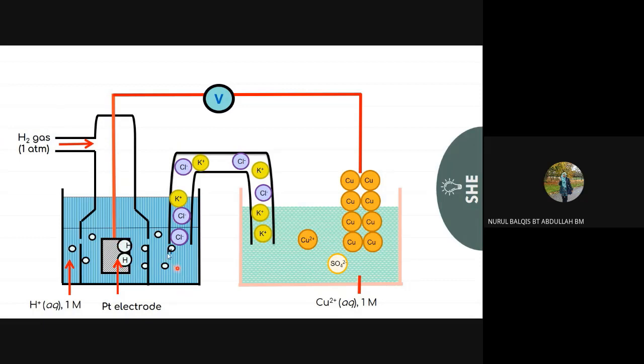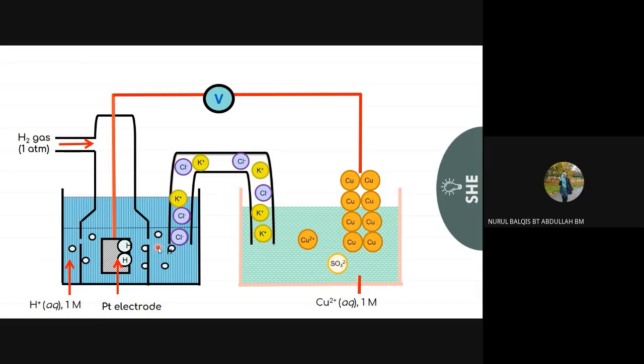Dia buatlah, dia accept lah electron and what not. Okay? So the hydrogen gas must be 1 atm and make sure sini ada ruang. Kenapa ada ruang? Sebab dia kan nak interact dengan your electrolyte. Kalau bekas tu tertutup, macam mana dia nak masuk? Kan? So lukisan ni kena properly adjust lah. Okay? So H+, 1 molar, platinum electron.